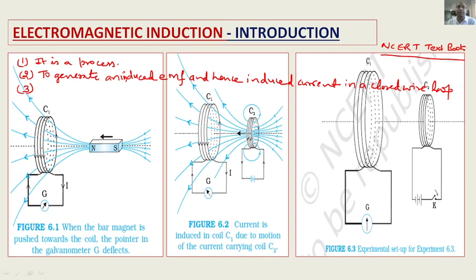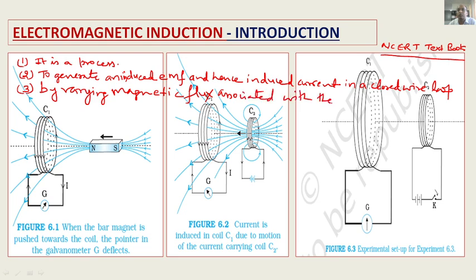Right. But now the question arises, how? By varying the magnetic field, by varying the magnetic flux, which is nothing but magnetic field in an area. So by varying the magnetic flux associated with the loop.